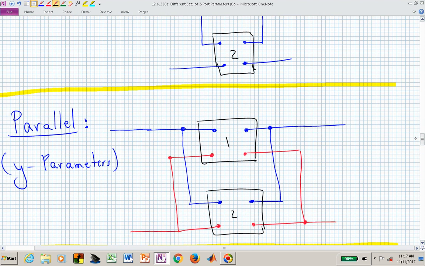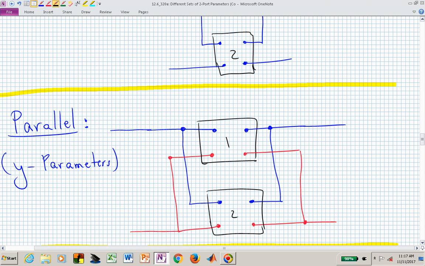A parallel connection actually favors y parameters. We can simply add the y parameters. If two port 1 and two port 2 are both expressed in terms of y parameters, in this particular parallel configuration, we could then just add their admittances in the appropriate way, y11a with y11b, etc. Here in the parallel, what we're doing is we're actually connecting the top terminals of two port 1 with the top terminals of two port 2.